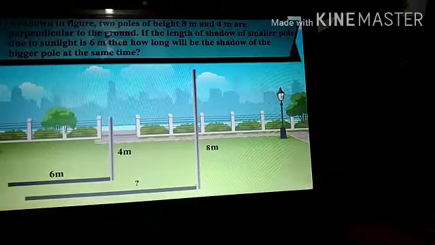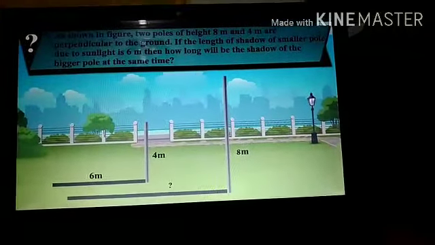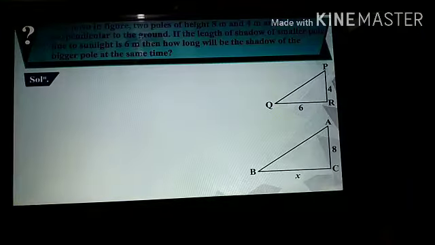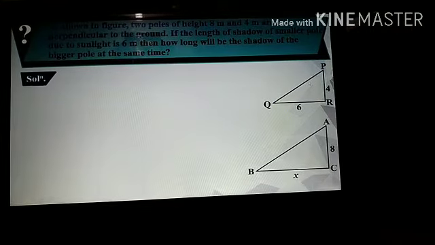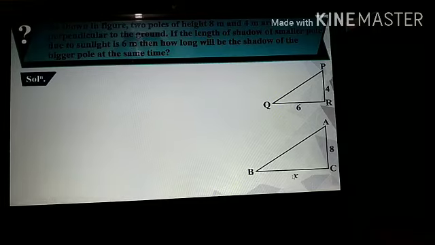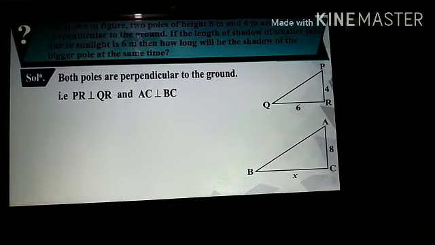Now let us begin with the solution. So we'll draw two triangles where PR represents the smaller pole and RQ represents its shadow. For the second triangle, AC represents the bigger pole and BC represents its shadow, which is X. Both the poles are perpendicular to the ground.